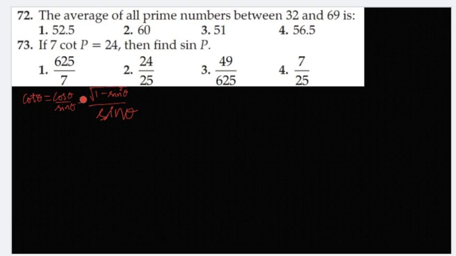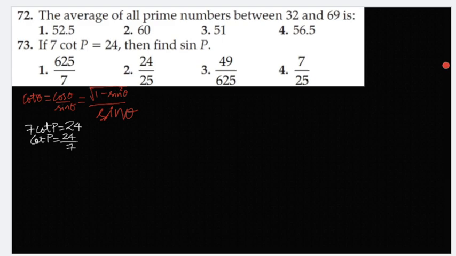So now coming to the problem, it is given that 7 cot P equal to 24. Now how can we write this cot P? Then cot P will be equal to 24 divided by 7. So we have taken 7 to the other side.